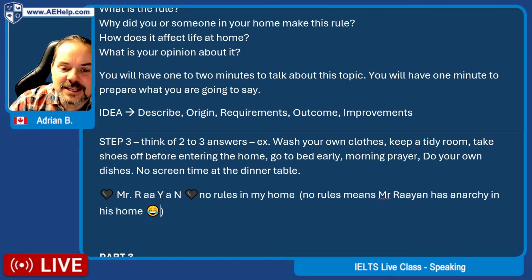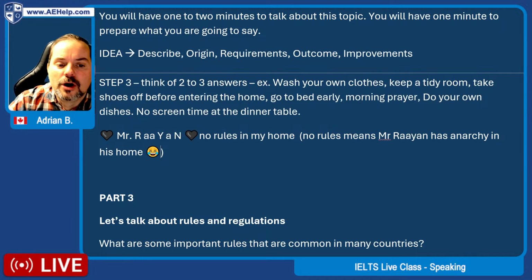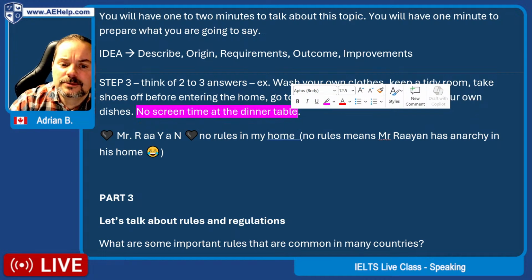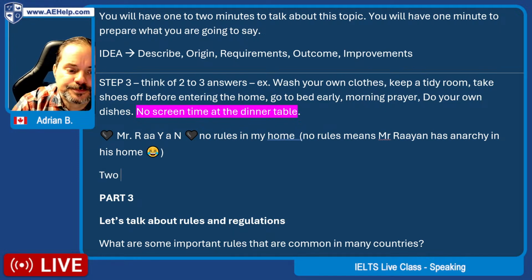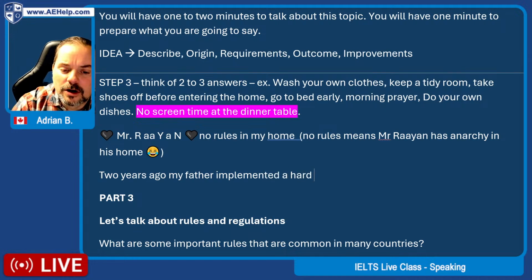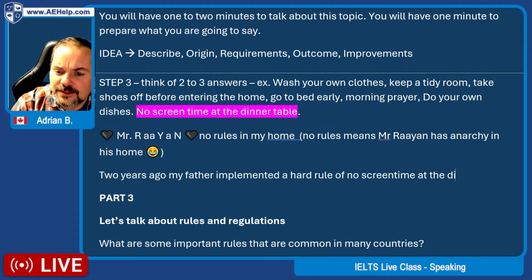you have these, right? Now, you take notes on each of these. So you take notes on describing it. I'm going to go with no screen time at the dinner table. Okay. So describe it, right? So 2 years ago, my father implemented a hard rule of no screen time at the dinner table.